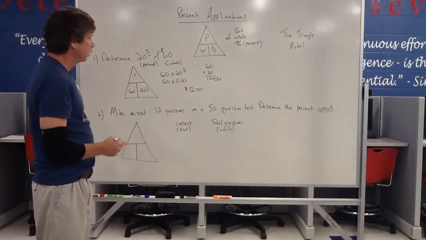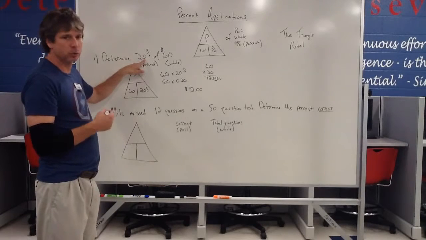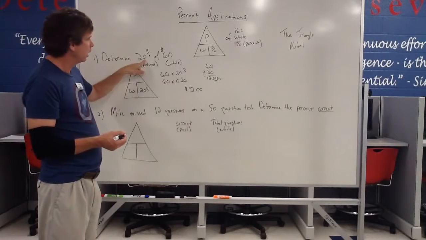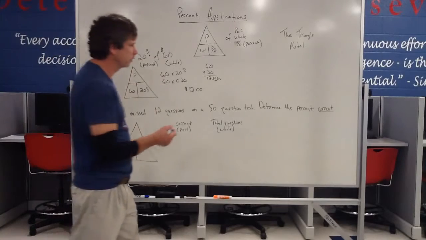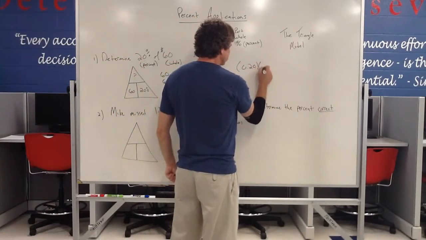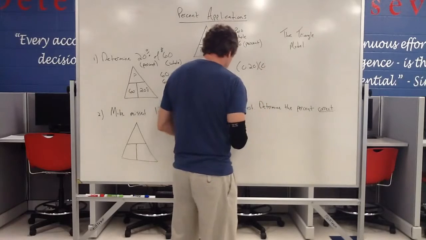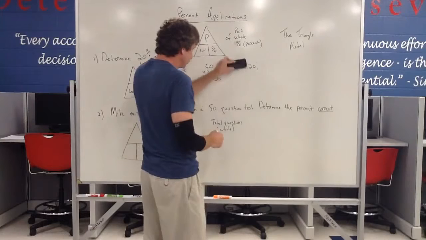Also keep in mind, 20% means 20 cents on the dollar. I would have to pay 20 cents 60 times. So if I do 60 times, in other words, you've got to add that 20 cents 60 times.